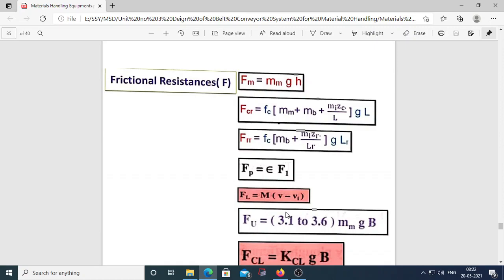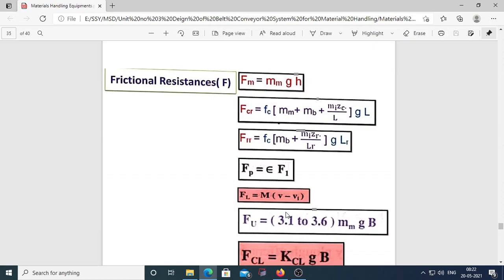You should remember some formulae for the frictional resistance, and some formulae for the power required for lifting a load through the height H. You should remember the formulae for the capacity of the belt conveyor, for the horizontal belt conveyor as well as the inclined belt conveyor. That factor value you have to choose from the table.